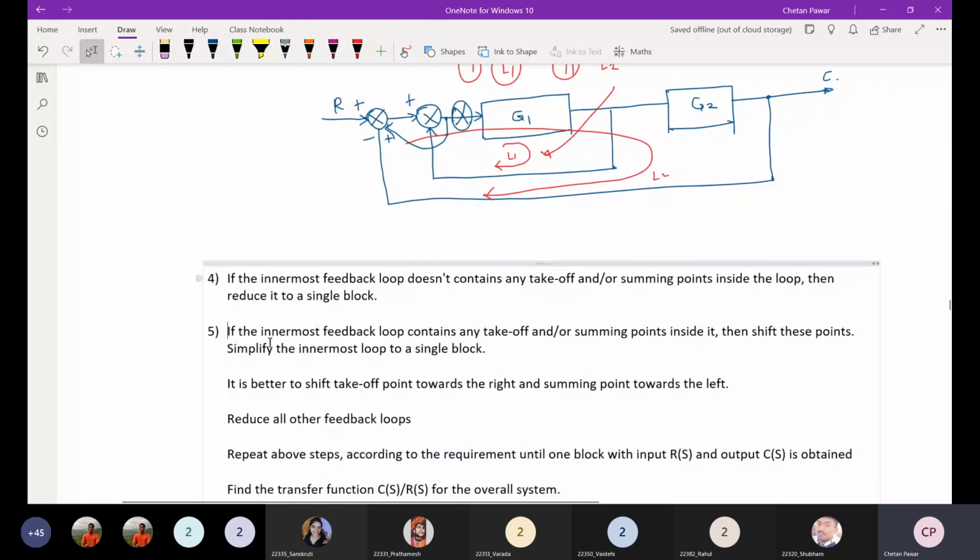The fifth one is, if the innermost feedback loop contains any takeoff or summing point inside it, then shift these points and simplify the innermost loop to a single block.